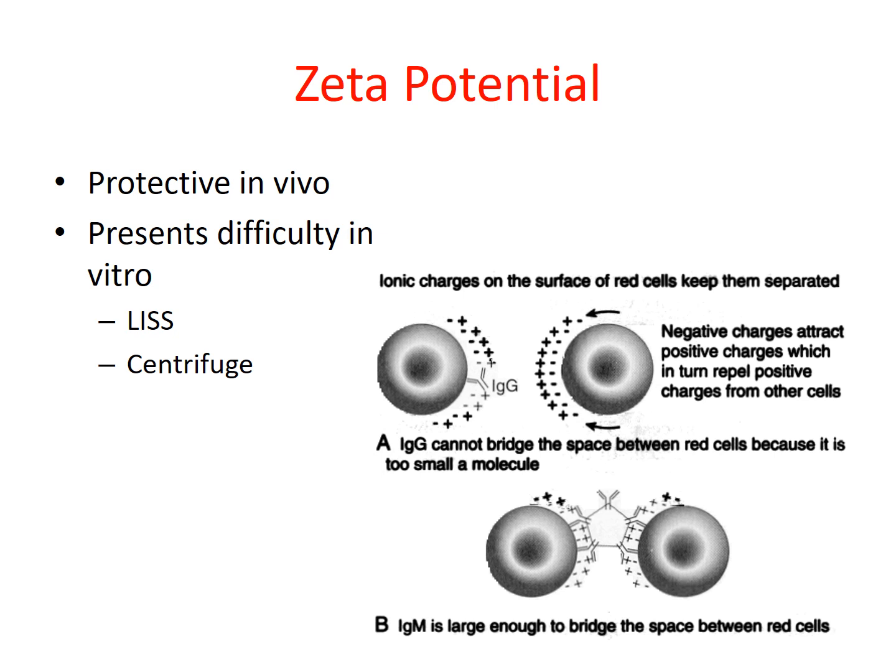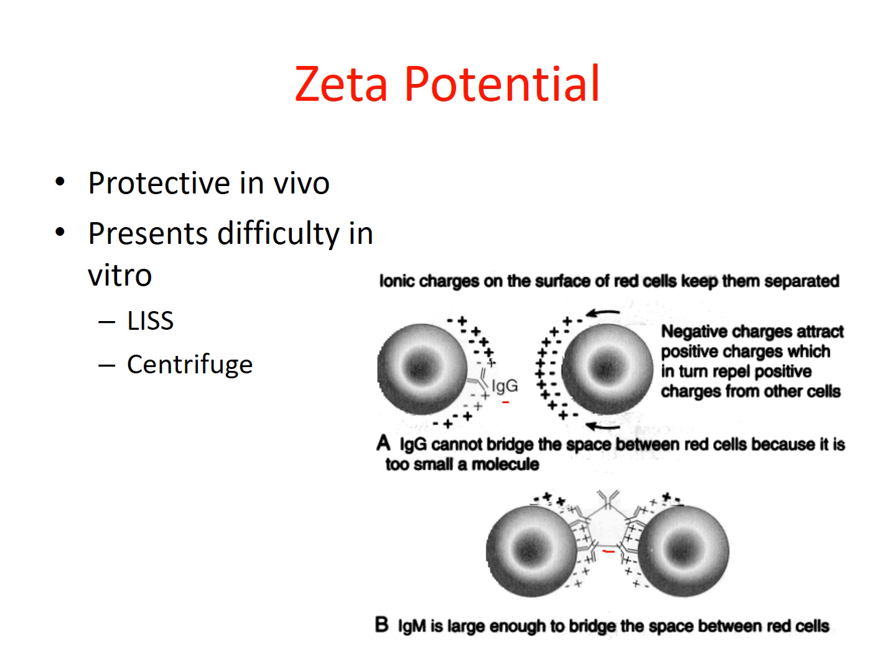Unfortunately, that can be a problem in vitro because those charges are still there even when we remove the red cells from your body. So we don't really want them to repel each other. If we're only talking about an IgM molecule, IgM would be able to cross the difference of the zeta potential pretty easily because it's such a large molecule.